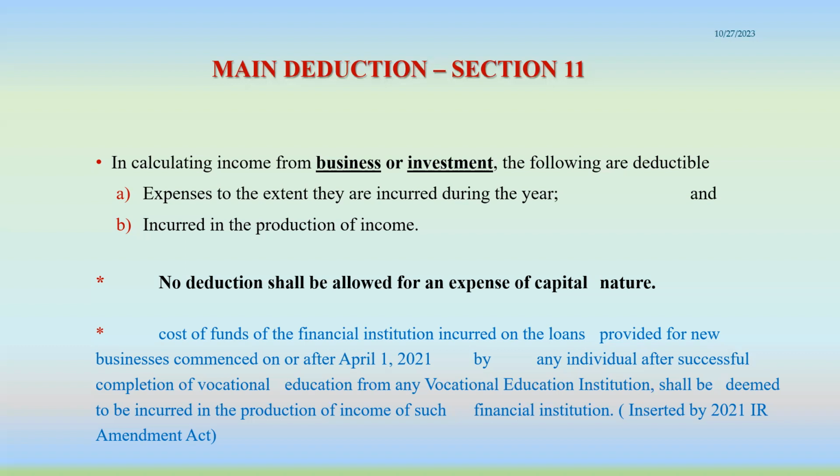Therefore we can deduct expenditure relevant for that year of assessment. And means these two criteria should be fulfilled, not only one. And means these two conditions should be fulfilled to deduct the expenditure when we are calculating the assessable income from business or investment.